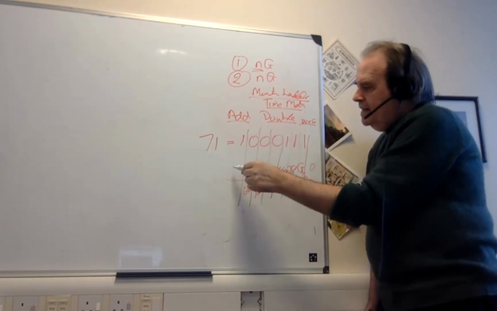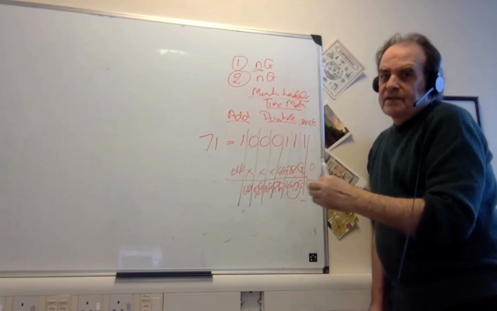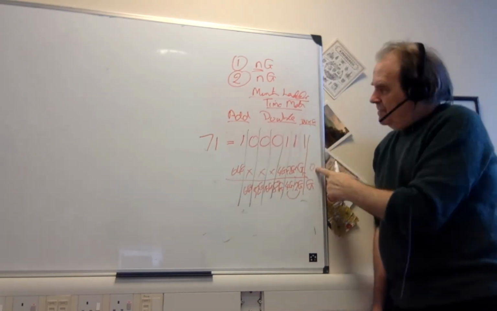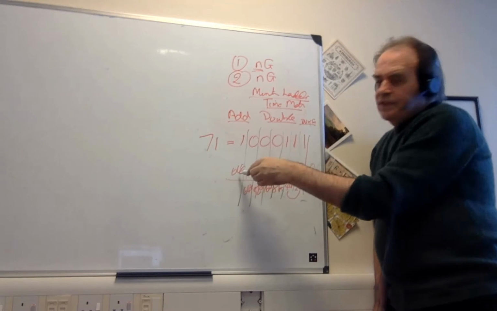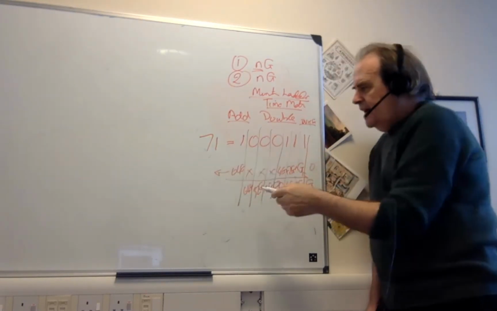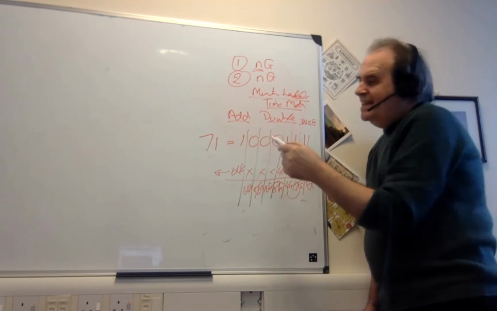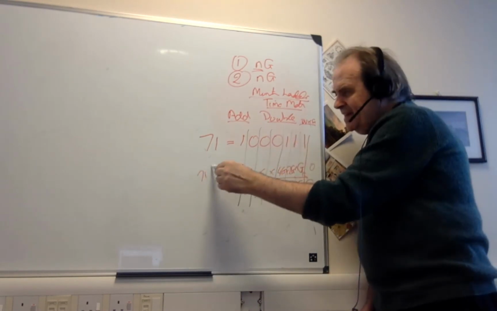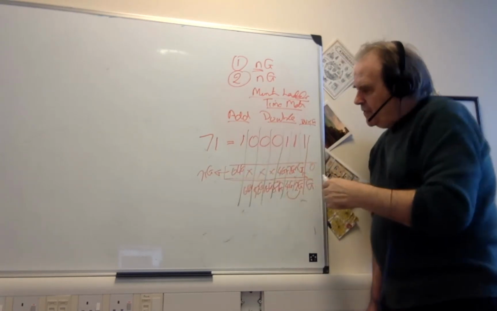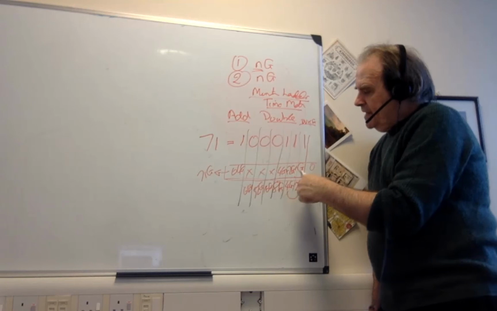Now we have a 1, so we take 64g here. 64 additions of the g point gives us that point there. We will now take all of that: 64 plus 4 plus 2 plus 1 is 71g.